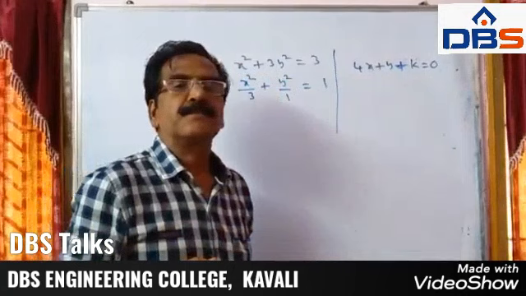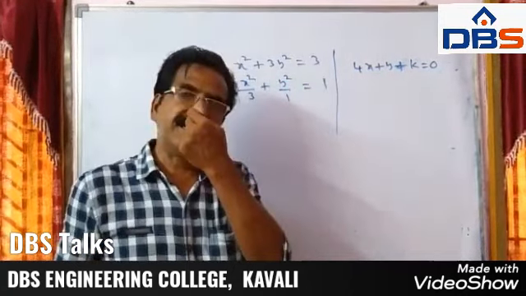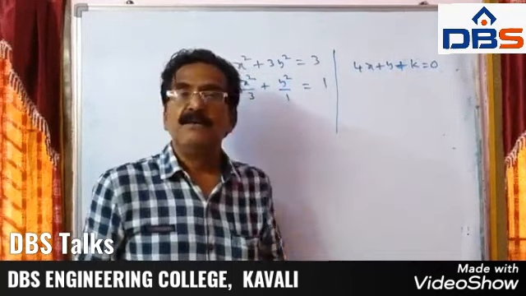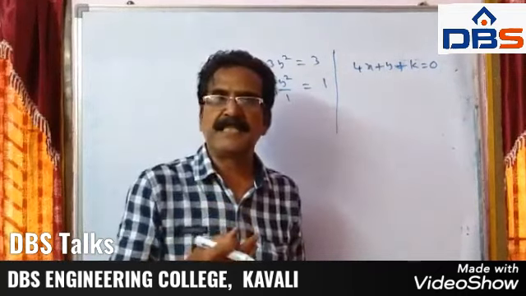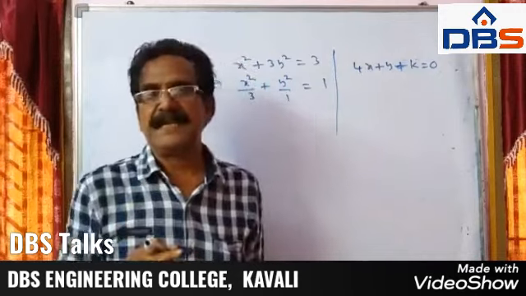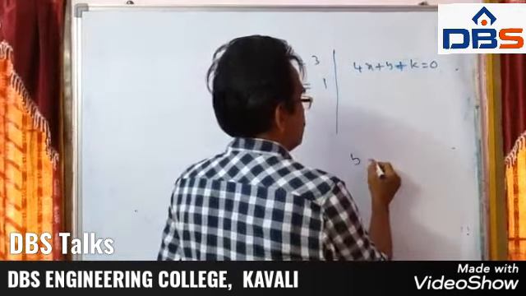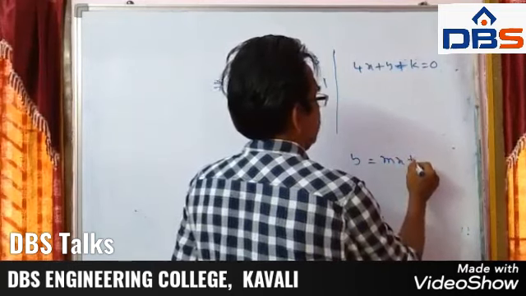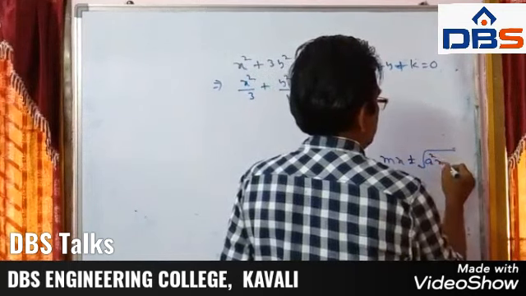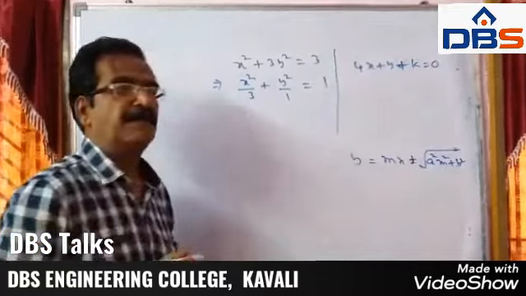See friends, just now we have seen the equation of the tangent: y = mx ± √(a²m² + b²).